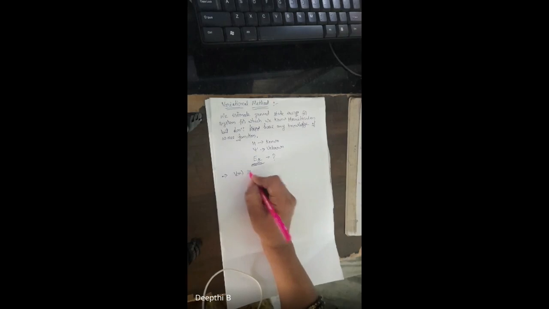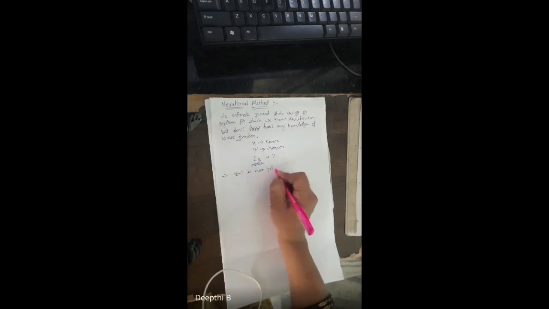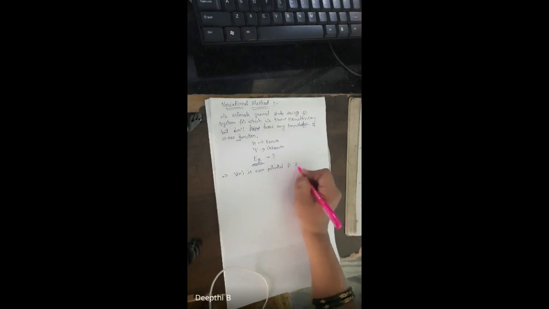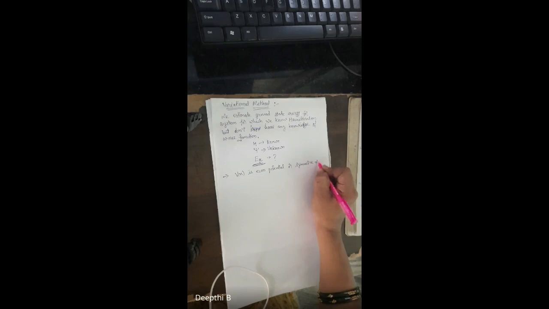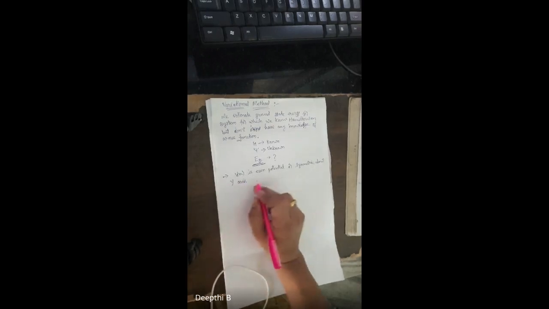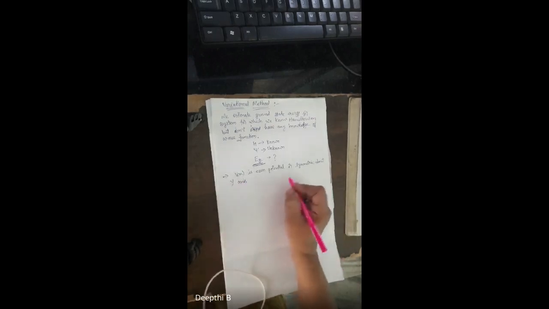The answer is when V(x), the potential, is an even potential, or symmetric about the y-axis. The best example is the harmonic oscillator.